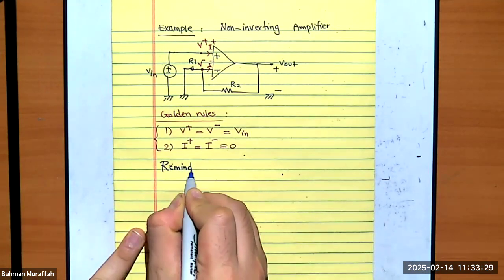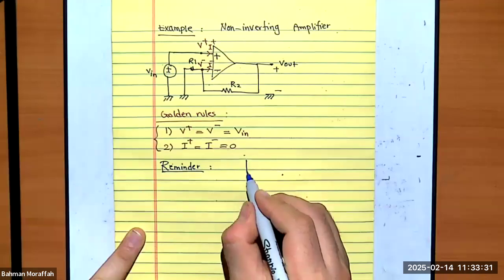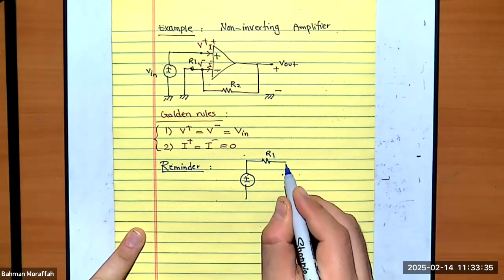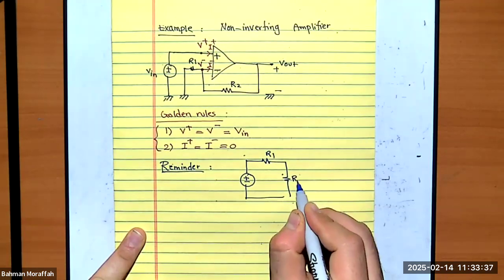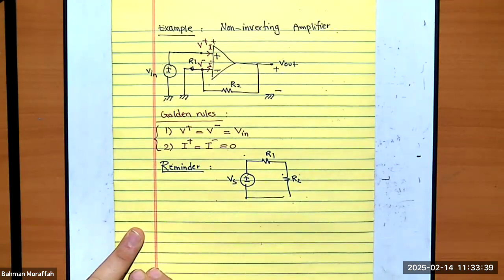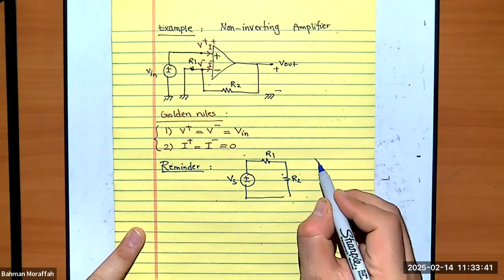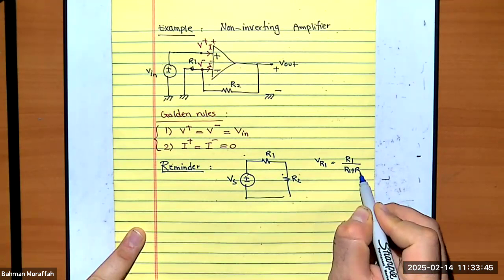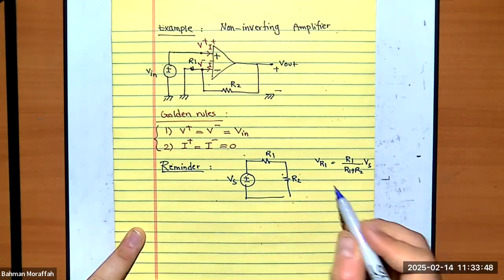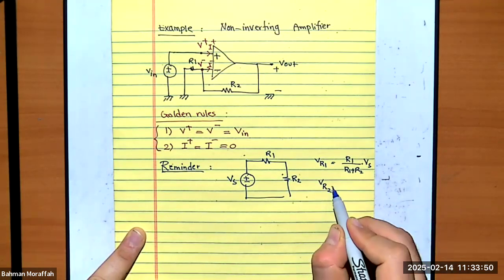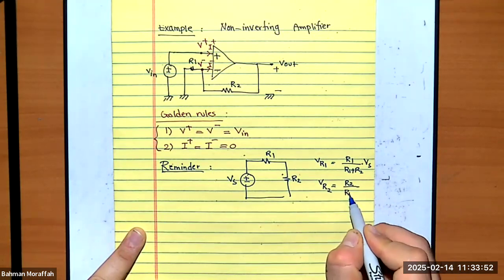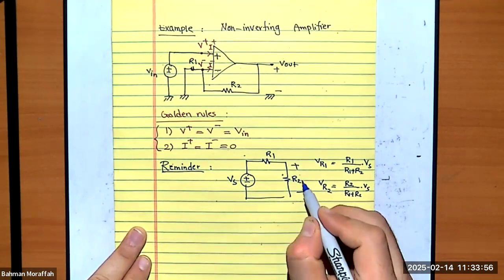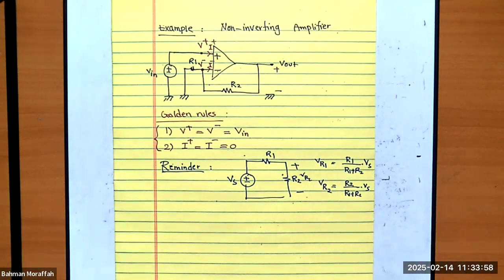Reminder: if I have a circuit, let's call this one R1, this one R2. This is Vs. I can find the voltage across R1 as R1 divided by R1 plus R2 times Vs. The voltage across R2 is R2 divided by R1 plus R2 times Vs. Let's call this one V of R2, for example.